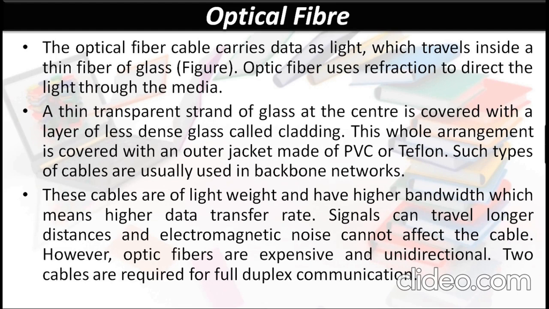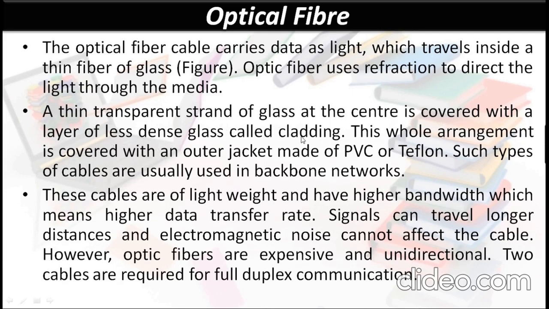That is the mode of signal propagation. Therefore these OFCs are made of glass fibers and are also covered with PVC or Teflon, right? So there is a thin transparent strand of glass at the center, covered with a layer of less dense glass called cladding.